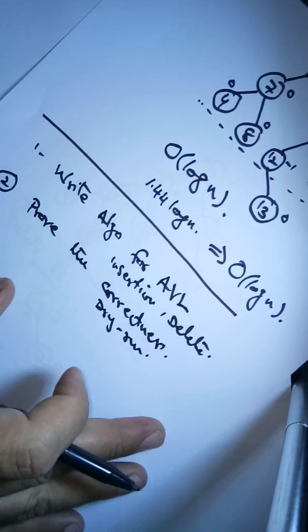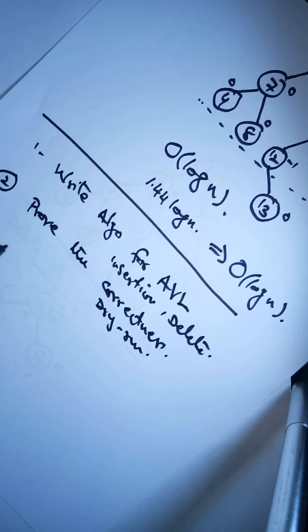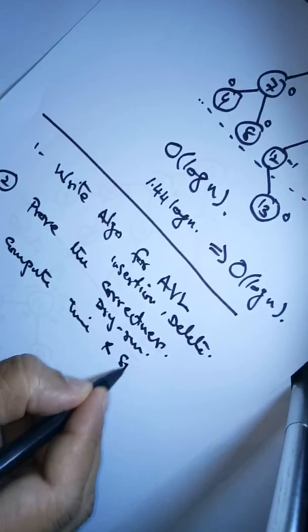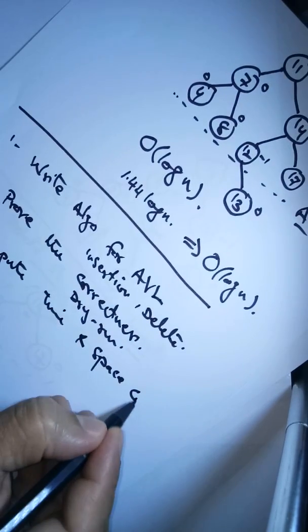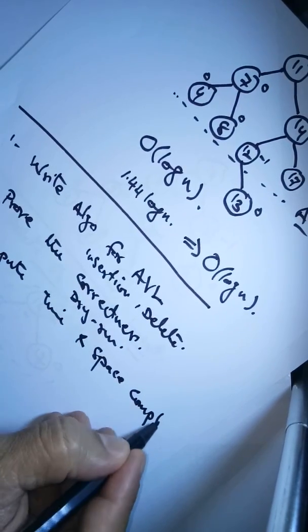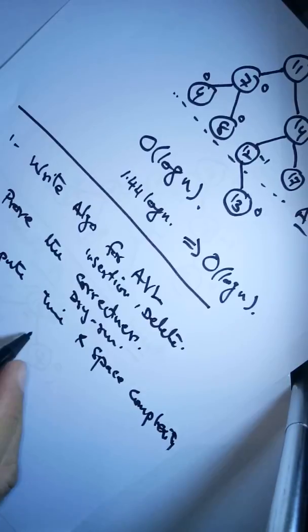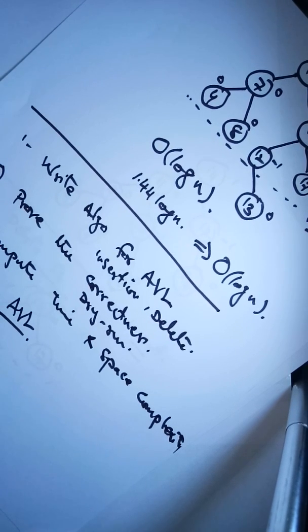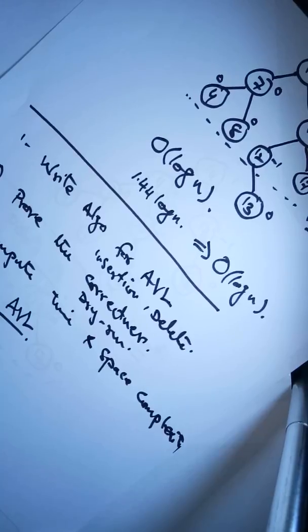The third task is you need to compute the time and space complexity of your algorithm of the AVL, right? Time complexity of AVL trees. So that is your assignment that is due before the next lecture. So you have to submit this as early as possible.